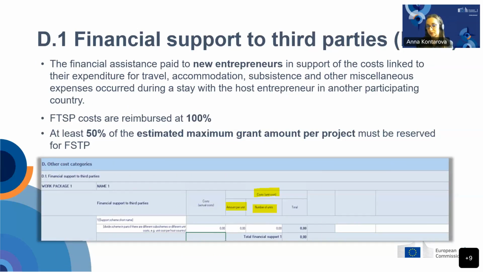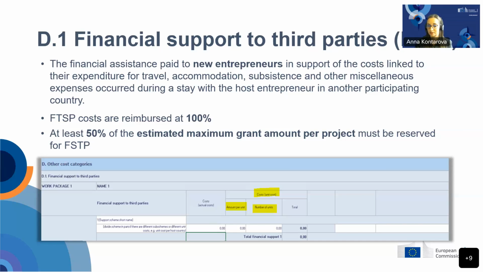The fourth important category is financial support to third parties. We have already mentioned this in the two previous slides, but this is more to repeat than to show you where to input the information in the detailed budget table. Basically, it is the financial assistance paid to the new entrepreneurs to cover part of their expenditure for their stay abroad with the host entrepreneur.